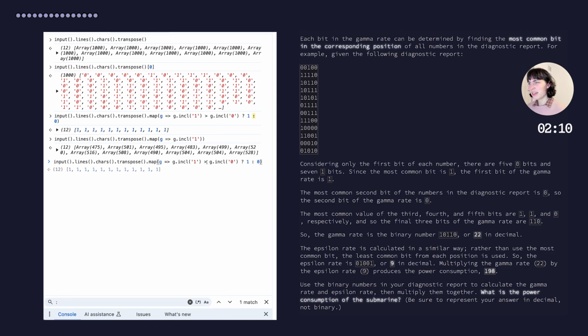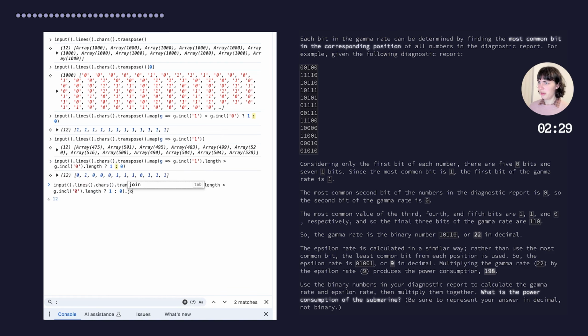Most common bit. Oh, it's always coming out as 1. Why is it coming out as 1 always? That shouldn't be right. Oh. Just silly mistakes. Okay.